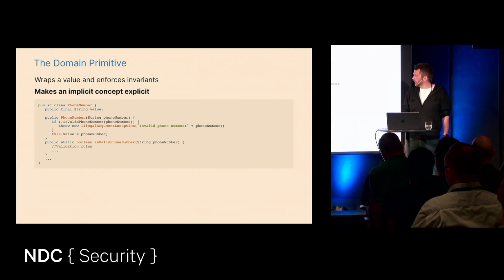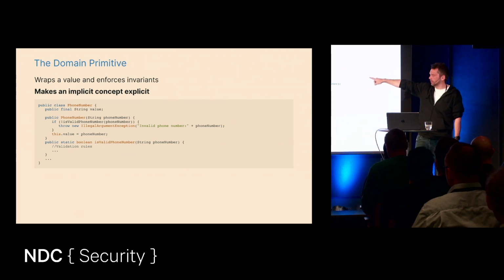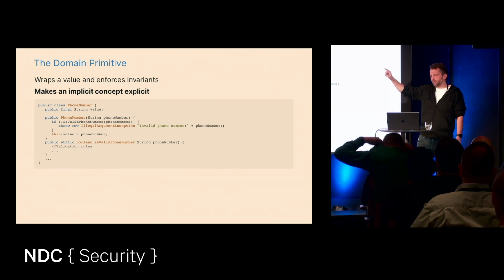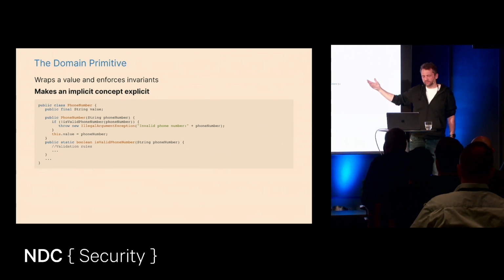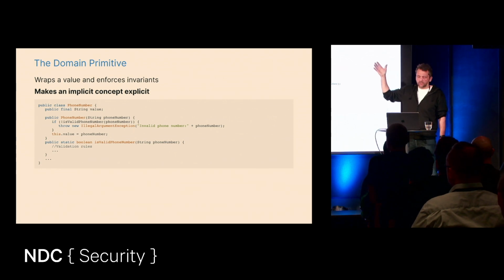And of course, when people see this, they often think, well, okay, I'm just going to write all these domain primitives, and then they start accessing the value up there because it's public final string value. Huh. Why is it public? Why is it a string? Why is it available? Well, it's available because in this case it's immutable.